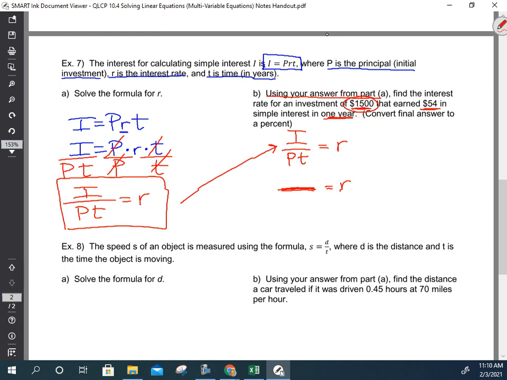That's not I. Think about what it said. Find the interest rate for an investment of $1,500. P is the principal, your initial investment.